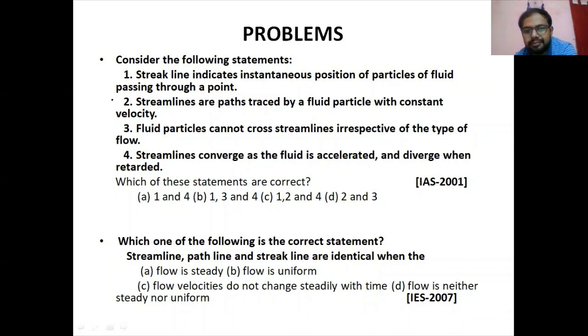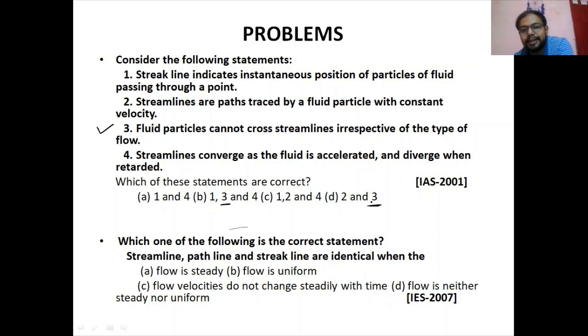It's not that. A fluid particle cannot cross a streamline irrespective of the type of flow. Yes, the third statement is also a correct statement. So 3 is in B and D. Now, the first statement: a streak line indicates the instantaneous position of the particles of fluid which have all passed through a point previously.